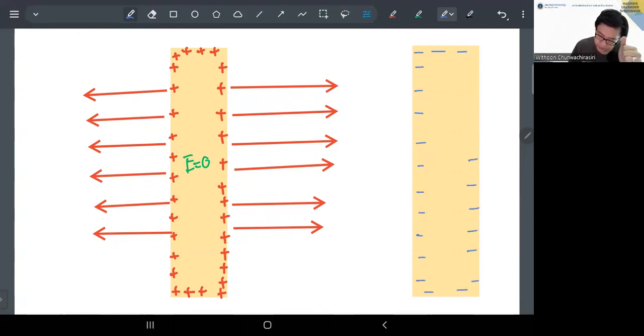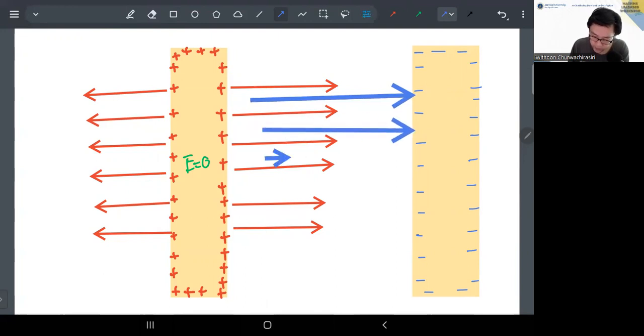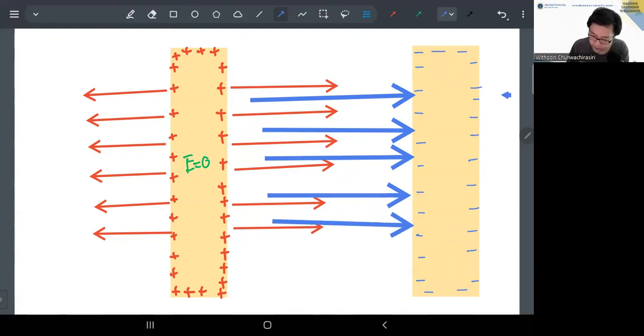Cool. So the scenario will look almost exactly the same, except now the electric field will point into it, because we already learned that electric field lines point towards the negatively charged particles. So on the right side, the electric field will point towards it, everywhere, like that.